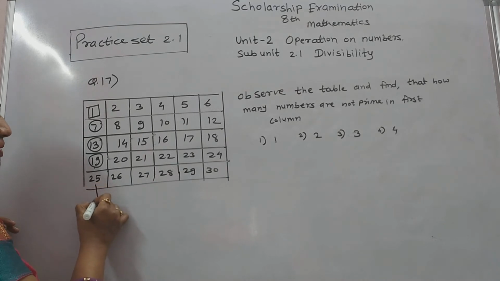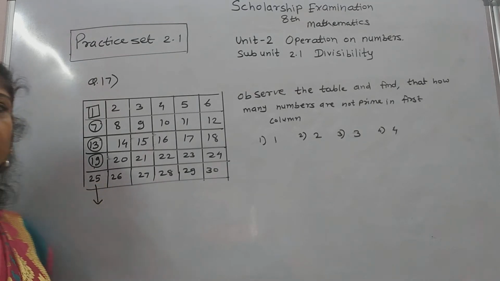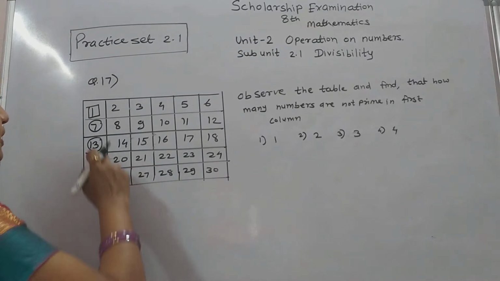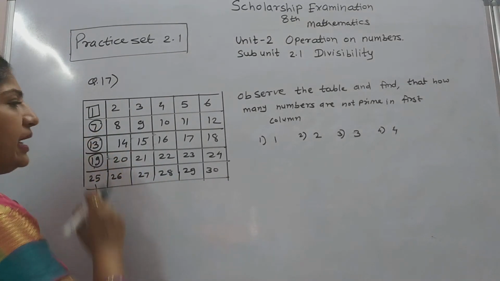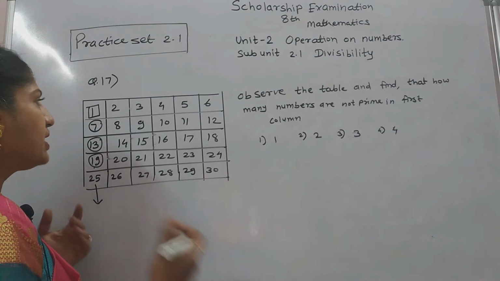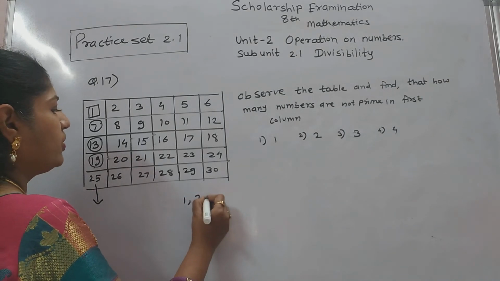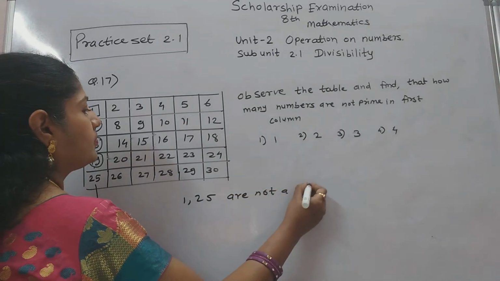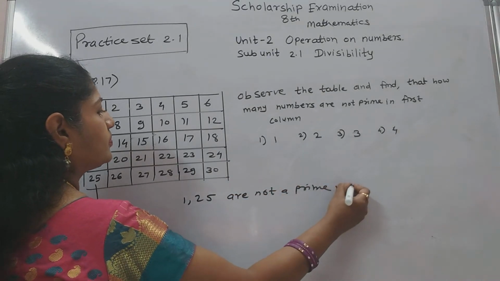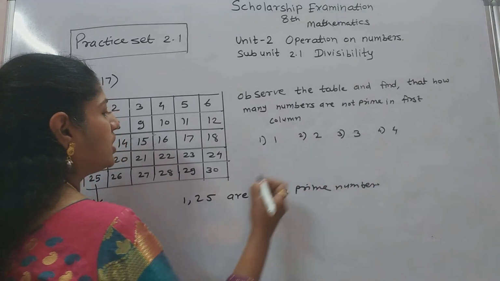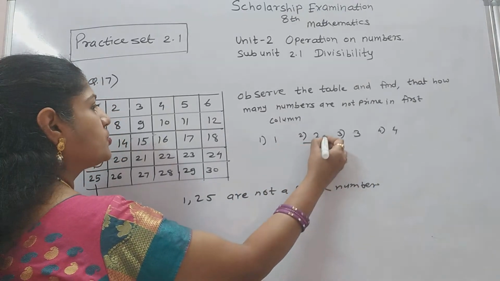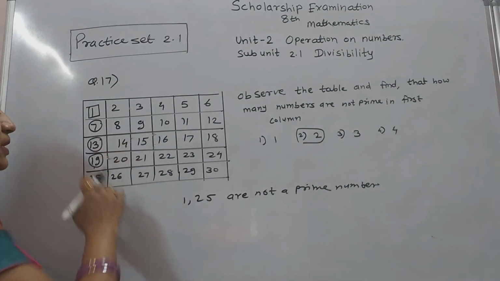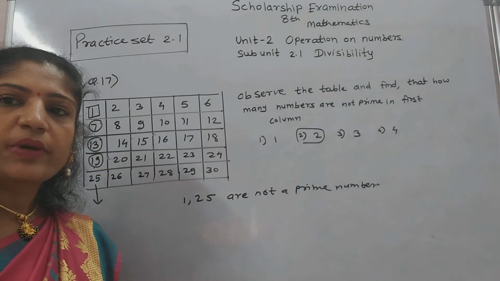Only 7, 13, 19 are prime numbers, and 1 and 25 are not prime numbers. There are only 3 prime numbers and the remaining 2 are not prime. So our answer is option number 2.